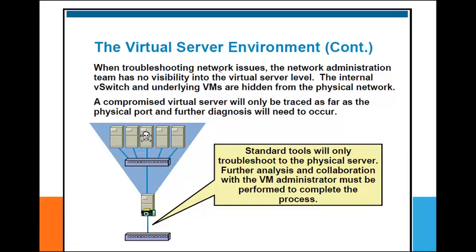So when troubleshooting network issues, the network administrator team has no visibility into the virtual server level. If something is going wrong with this virtual box, there is no visibility. The only thing this network admin can do is shut down this port.